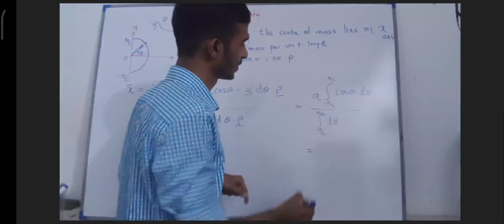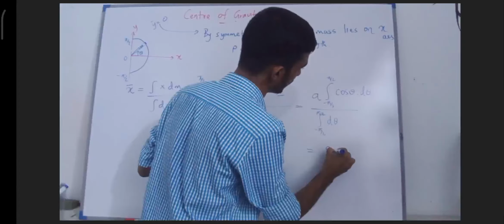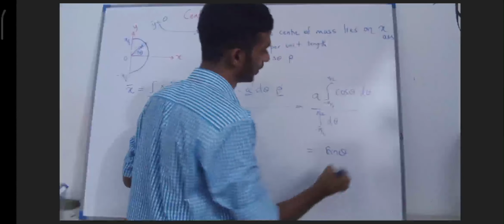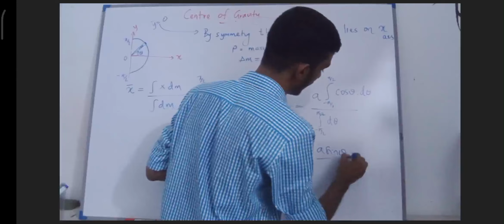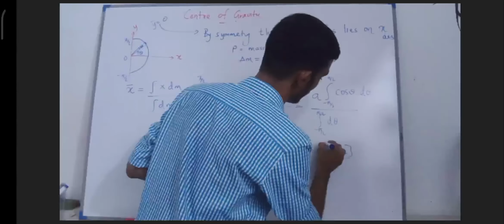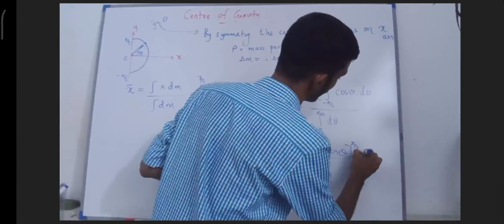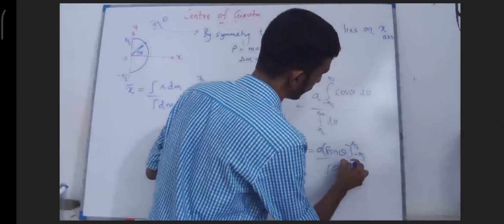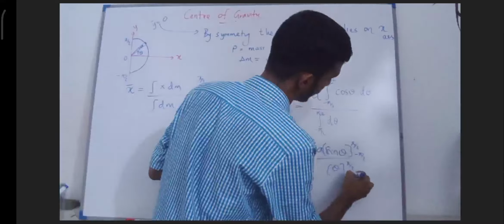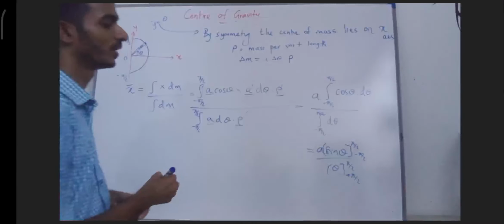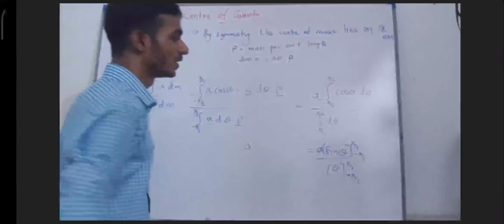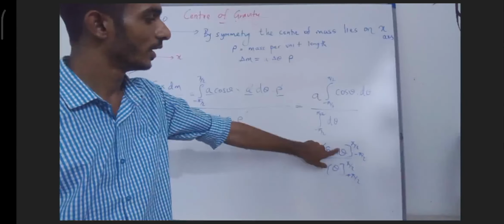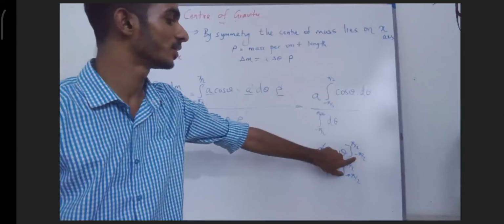Integration of cos theta will be sin theta, so a into sin theta divided by pi by 2, the limit is pi by 2 to minus pi by 2. Right.